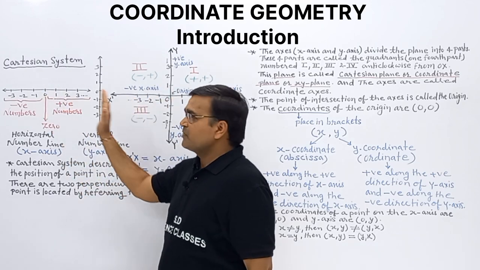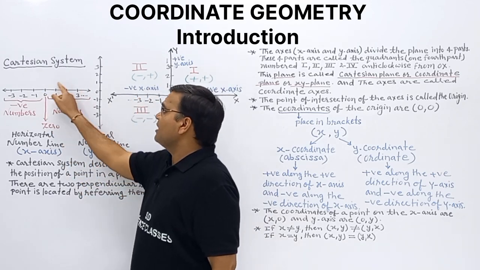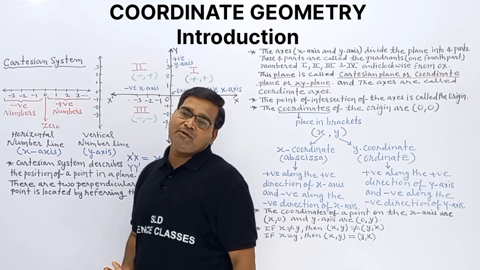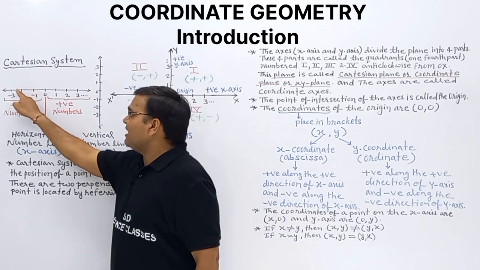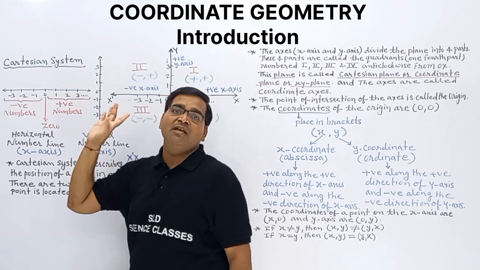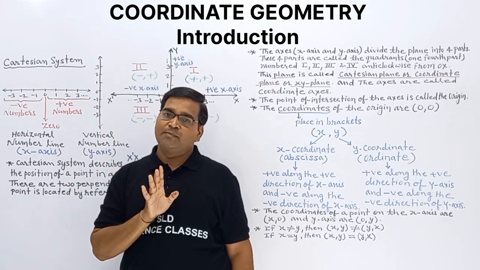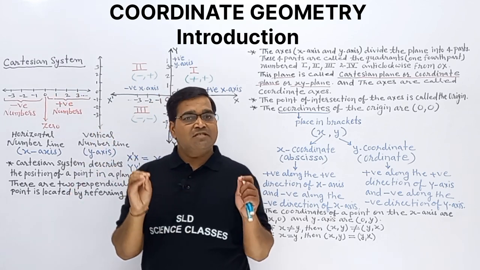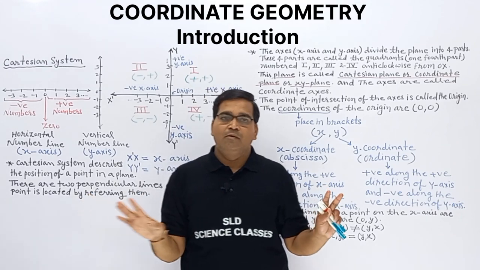Towards the east, we have positive numbers. Clear? So this is all about the number line, nothing new.